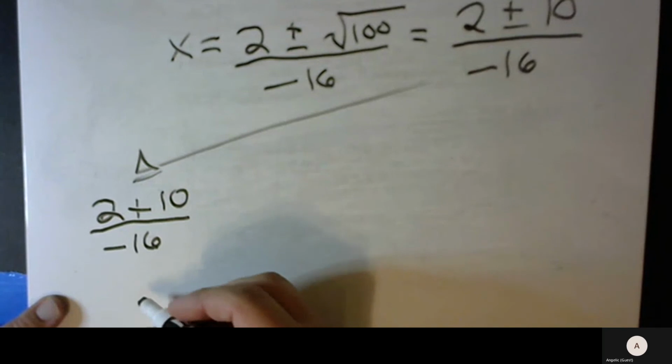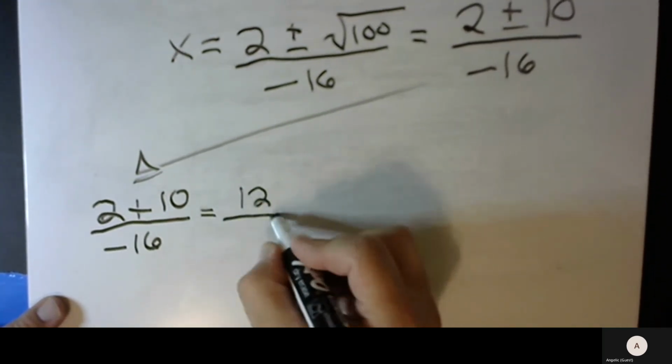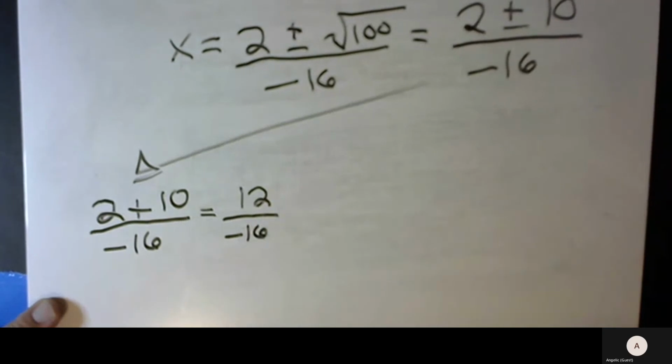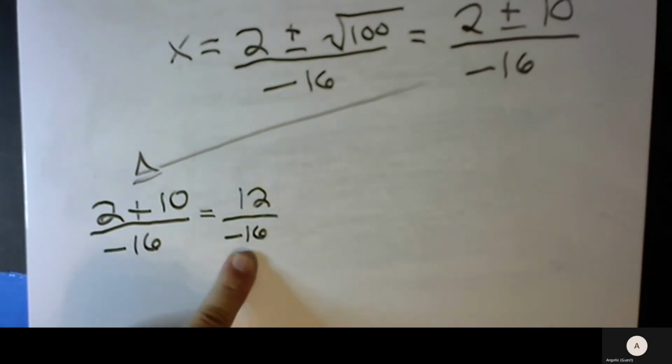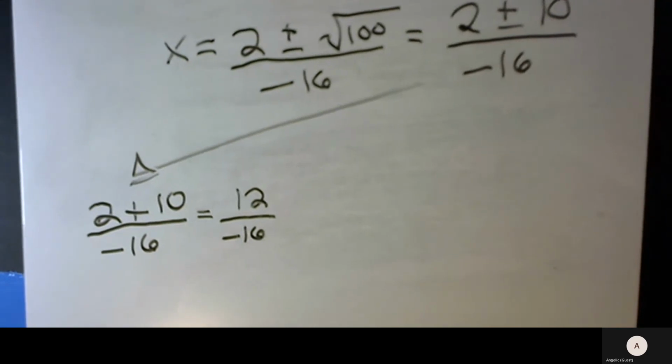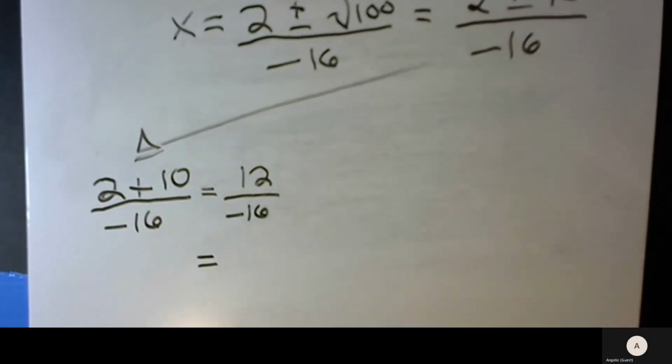Now 2 plus 10 is 12. And positive divided by negative, and fractions also mean divide, we're just going to have a negative.